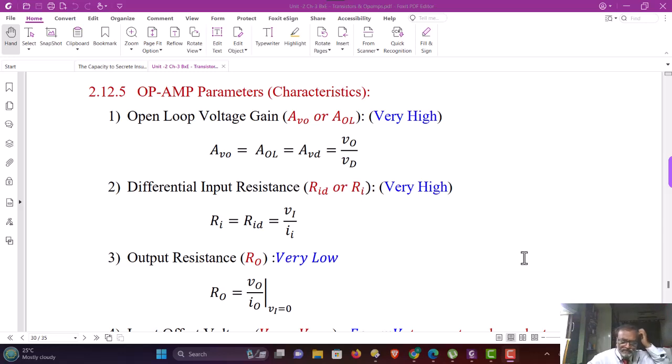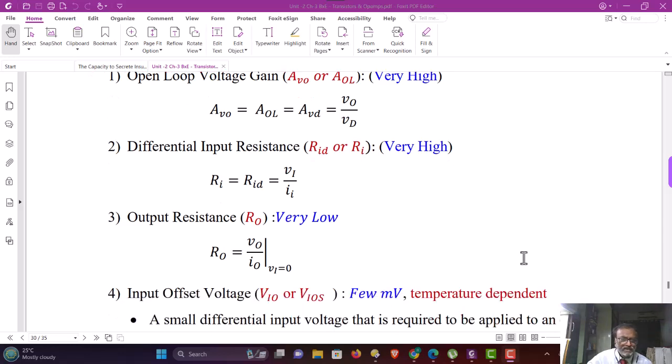The second parameter is differential input resistance, denoted as RID or RI. This parameter is also very high for an operational amplifier, and RI is defined as RI equal to VI by II, where VI is the input voltage and II is the input current flowing through the input terminal.